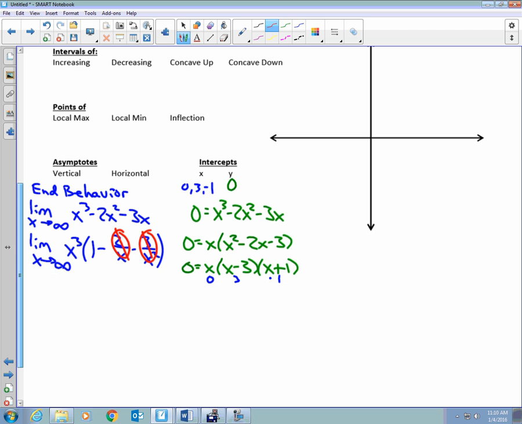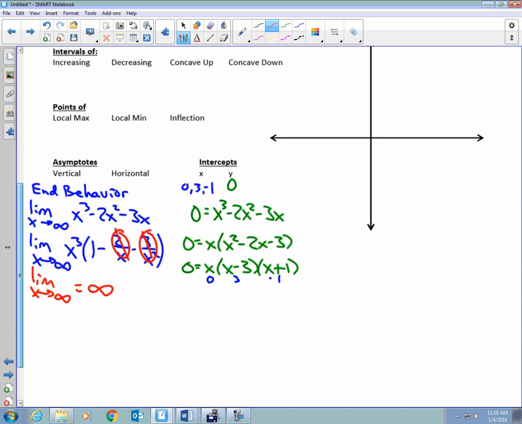Now, you plug in a positive number, and you cube it. What are you going to get? So the limit as x goes to infinity is infinity. So as you go towards positive infinity, the y values or the range will go towards positive infinity.